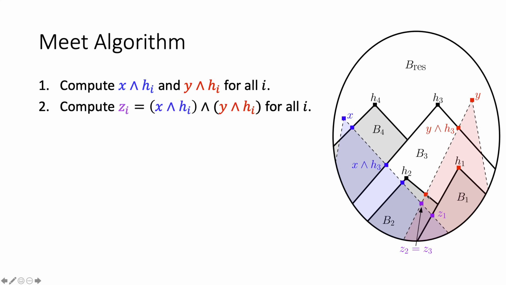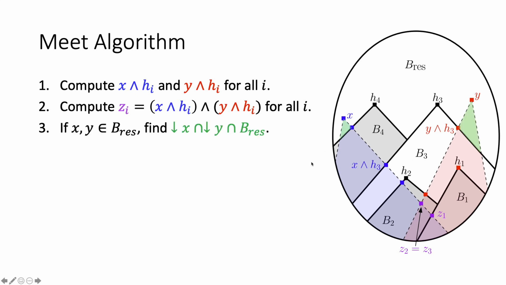We get these two elements as the meets of x and y with the block header, and z2 is going to be here. And similarly for block b3, we have x meet h3, y meet h3, and this is going to fall right here on z3. Finally, we do have this block b4, and actually the meet of y with h4 doesn't fall within the block b4, and so we can just disregard this, because then clearly the meet of x and y is not going to be in block b4.